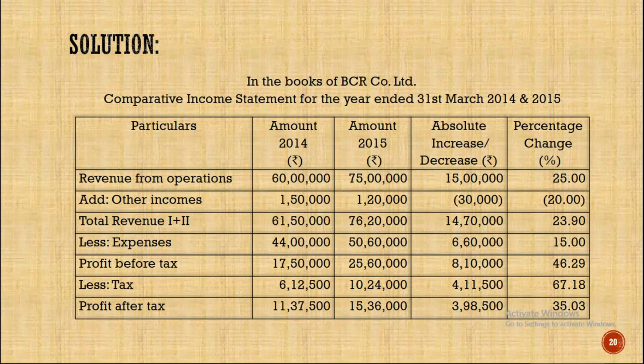So this is a good achievement, one can see, increasing profit by 35% when compared with the earlier year. Definitely, it is a good achievement, good performance of the company. So now it is expected that we should give comments on all the figures. So let us see the comments on this calculation.